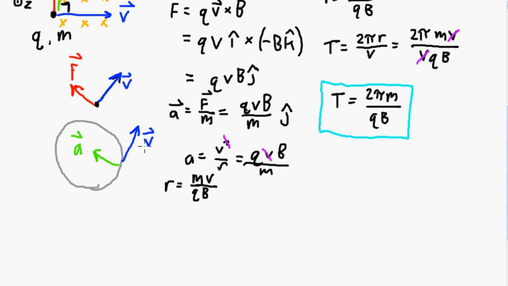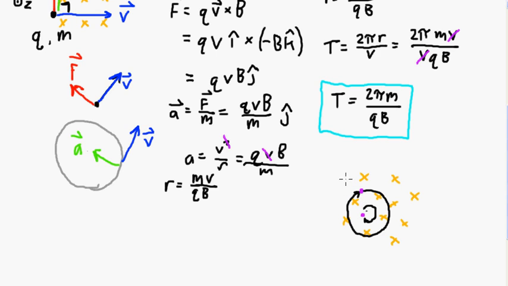So you can have a particle here, and say your magnetic field goes like this, and your particle can go in little circles or big circles, but they will all have the same period. Same period for all those circles.